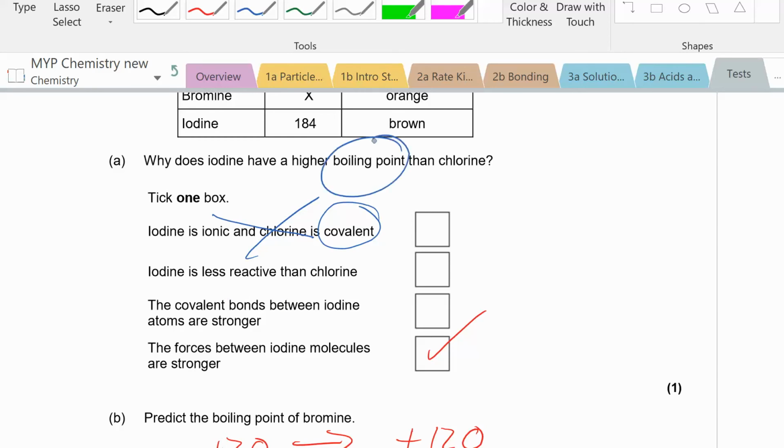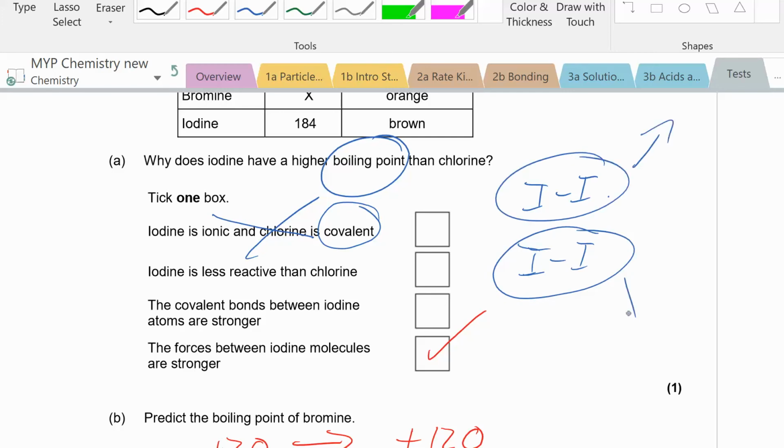So to boil something, if we have an iodine molecule and another iodine molecule, if I want to separate them, I move that over there and that over there. I'm not going to break this covalent bond.